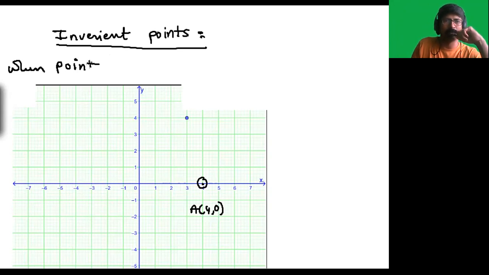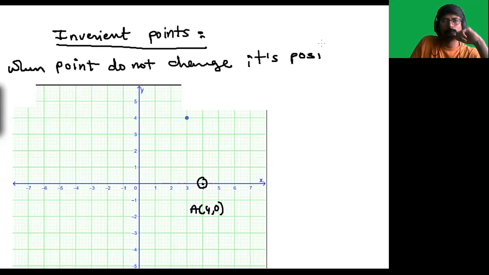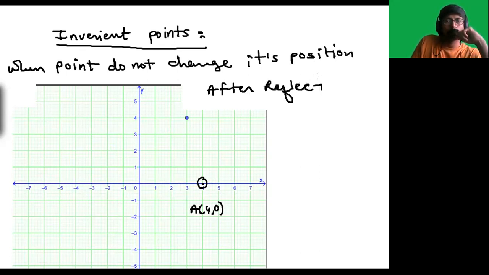What is an invariant point? When a point does not change its position after reflection, that point is called an invariant point.